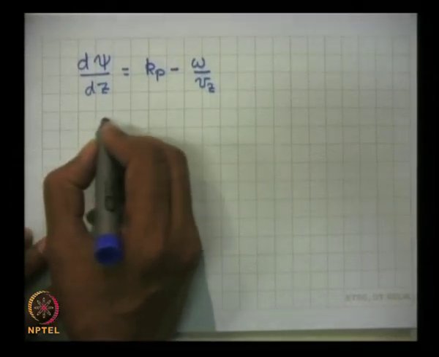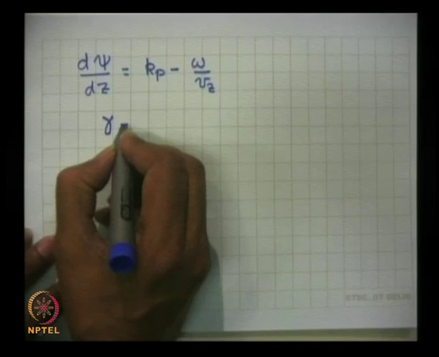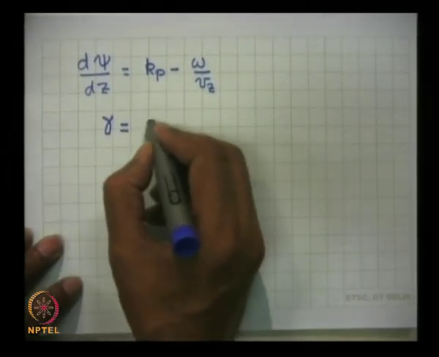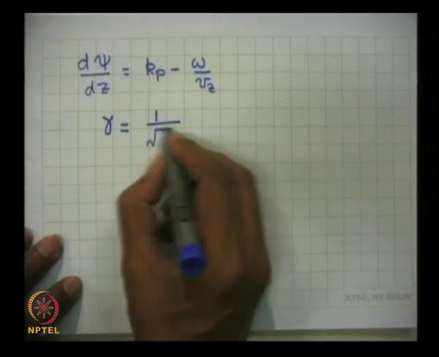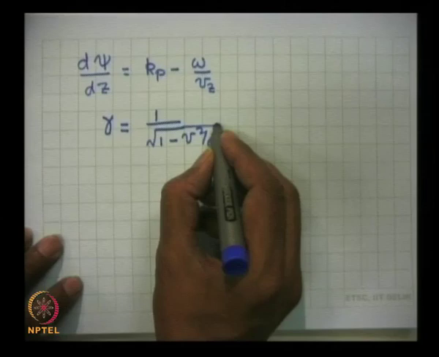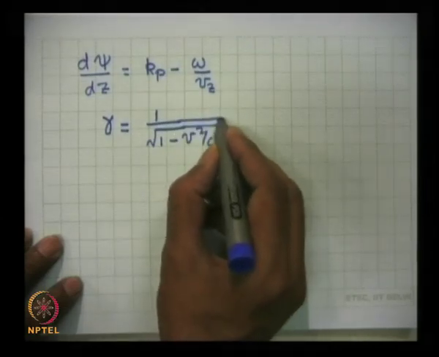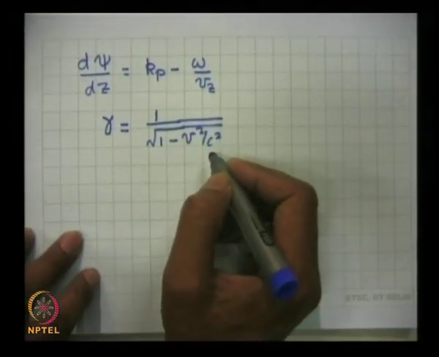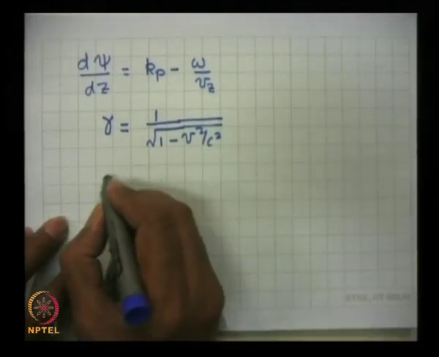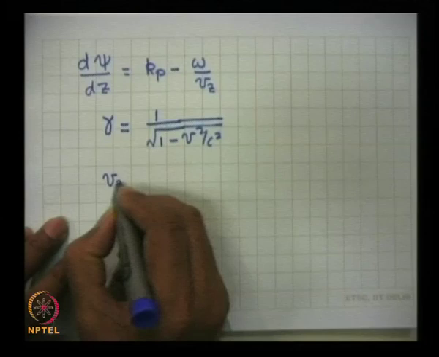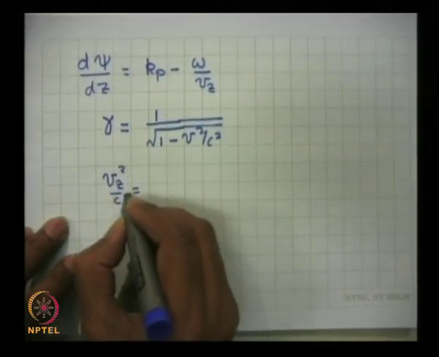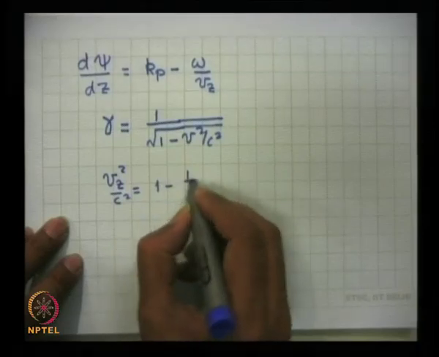By the definition of gamma, the Lorentz factor or relativistic gamma factor, this is equal to 1 upon under root of 1 minus V square by C square. And if I take V square to be like Vz square primarily, other components of velocity are weak, then from here I can get Vz by C square, or the square of this quantity, is equal to 1 minus 1 upon gamma square.